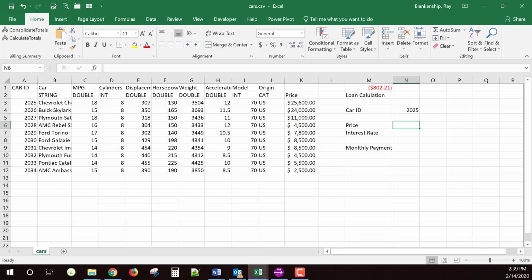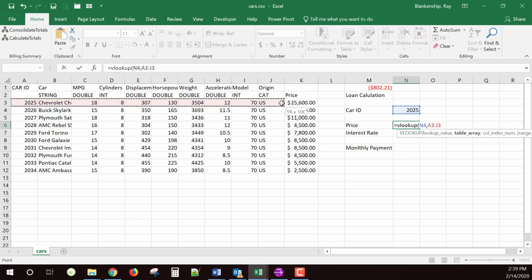So we would say equals VLOOKUP. The first thing it asks for is what do you want to look up? So I want to look up whatever the user typed in here, that cell. The actual table array starts here, it goes to here.